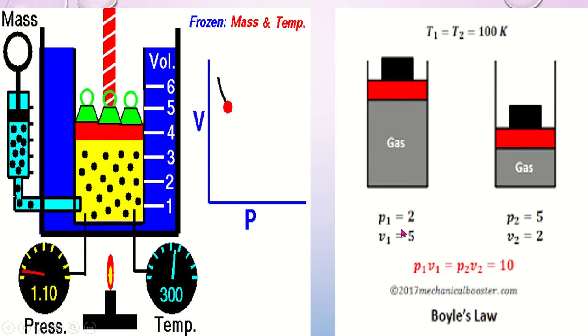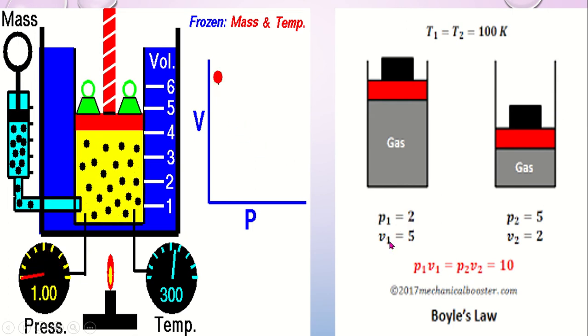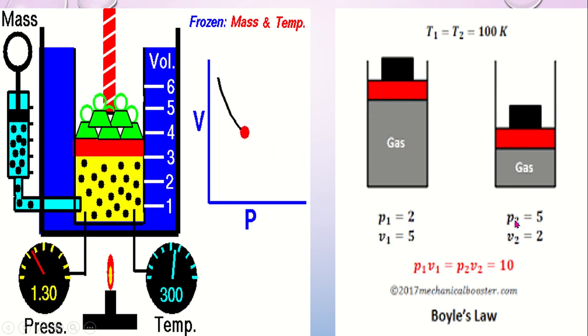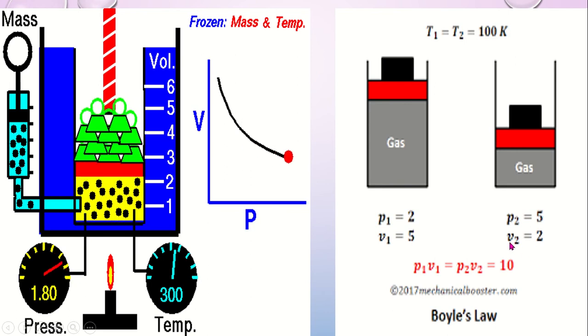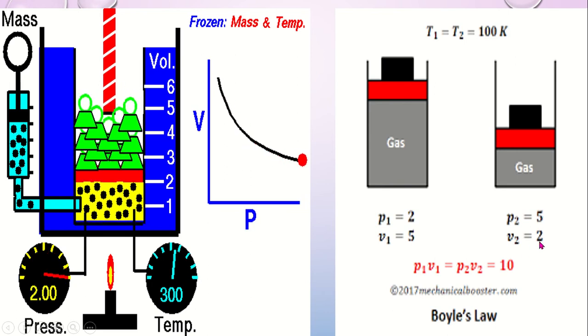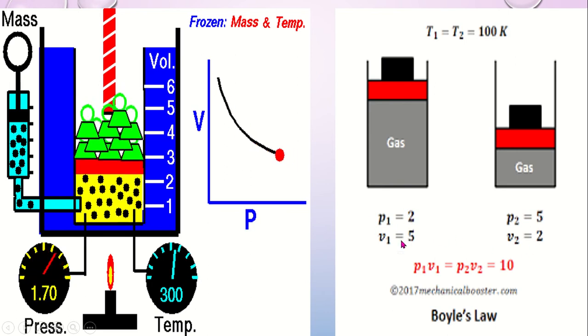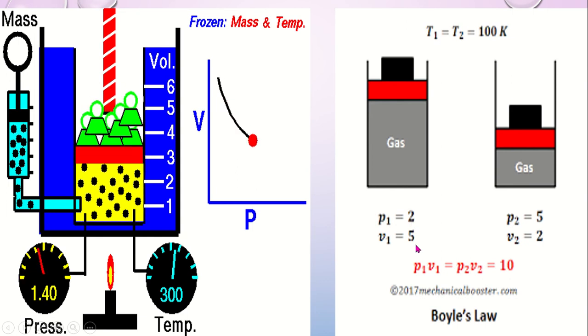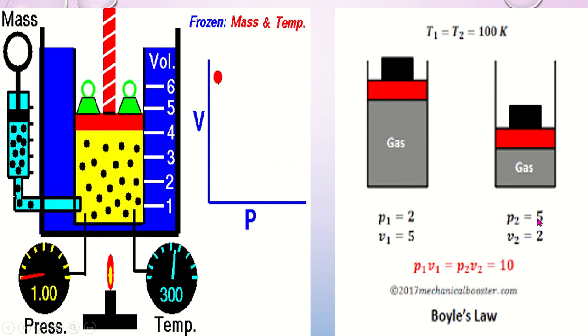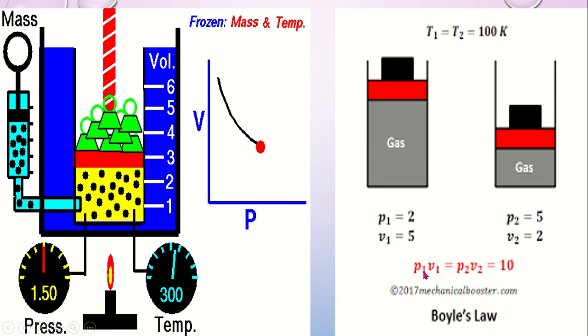Look here, if P1 equal to 2, then V1 becomes 5. Then again, if P2 becomes 5, then V2 becomes 2. So look here, P1 V1 equal to what? 2 5s are 10. Here P2 V2 equal to 5 2s are 10. So what can we prove from here?